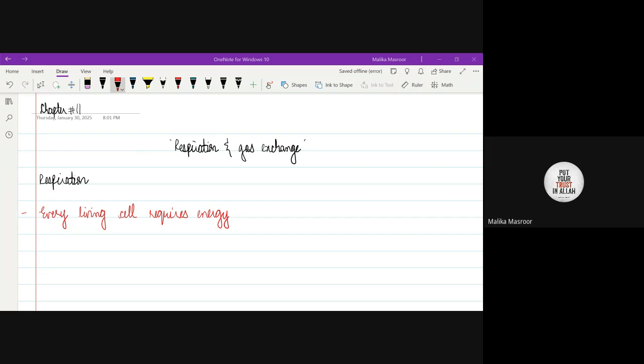So energy is required for all different types of activities that are taking place in the human body that are required to run the body. It may be a plant, animal, human, whatsoever.